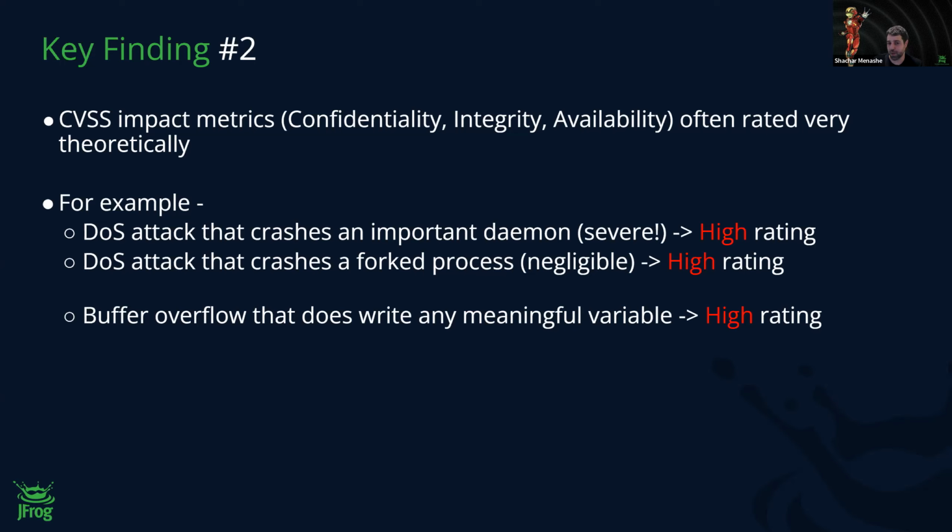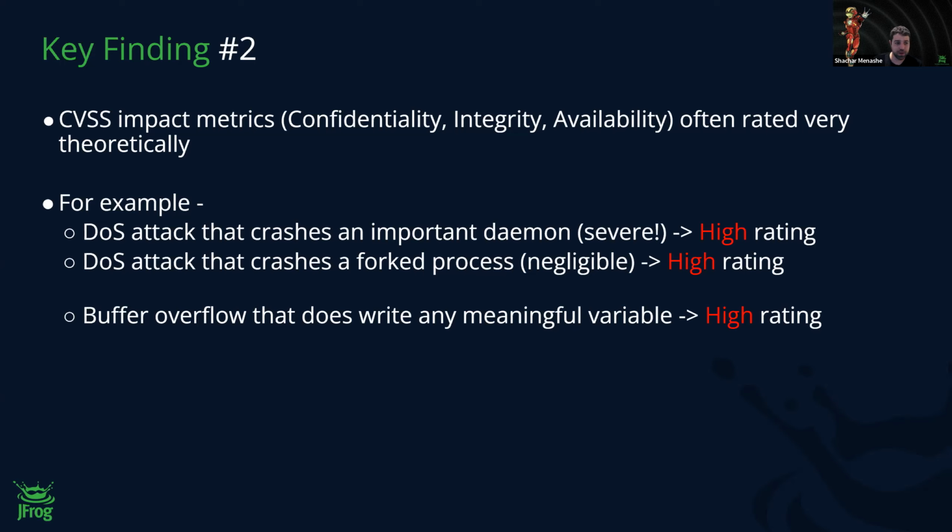So for example, our code execution vulnerability would be rated at high loss of integrity, high loss of confidentiality, and high loss of availability. But what we discovered is that these metrics are very much looked at face value from NVD, and there's no deep research done in most of the cases.